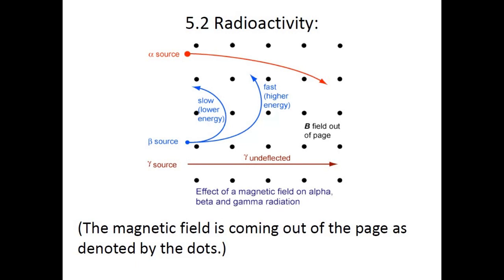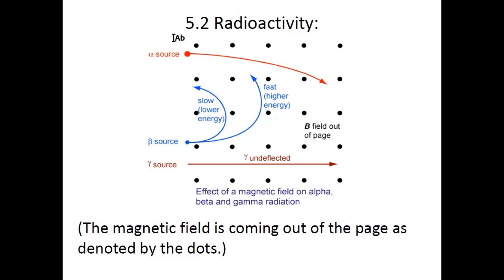Okay. Now, if I check where the alpha particle would be going, I'll be aligning my index finger towards myself, as a dot means the field is coming out of the page, and my second finger should be pointing towards the right-hand side, as the alpha particle is going from left to right.